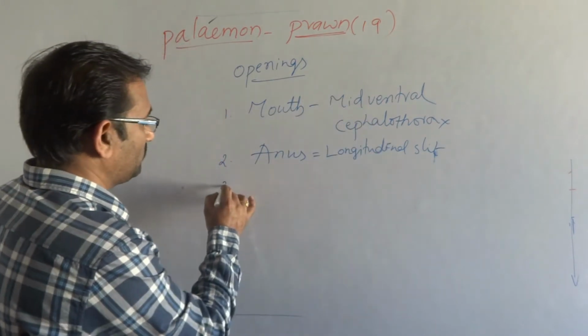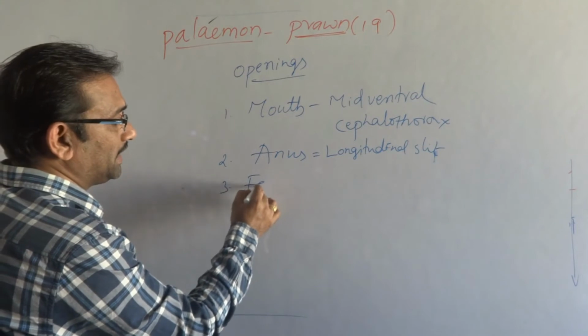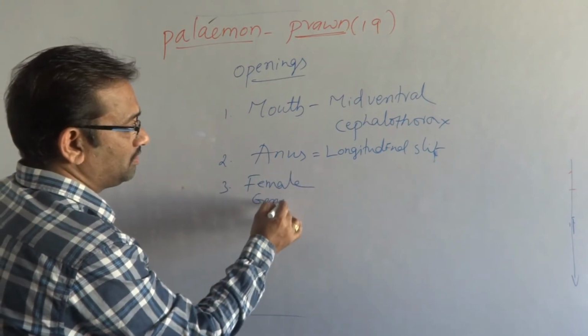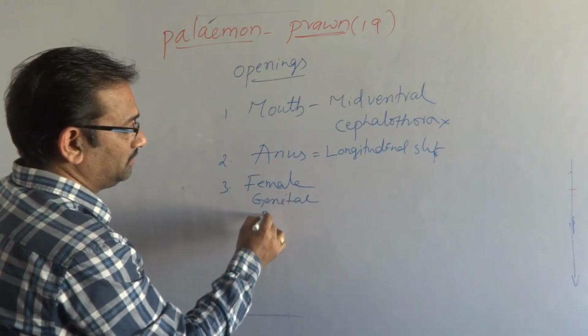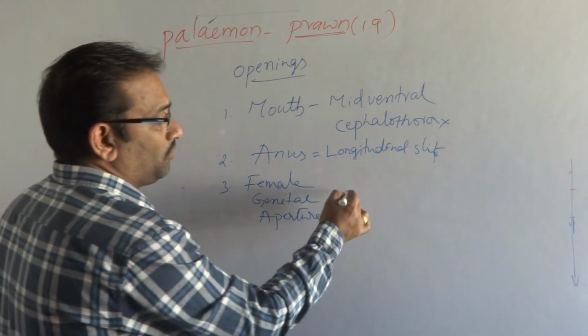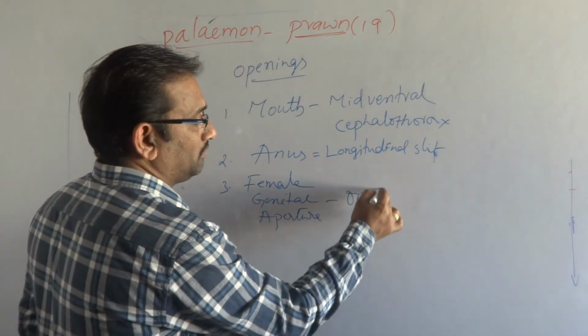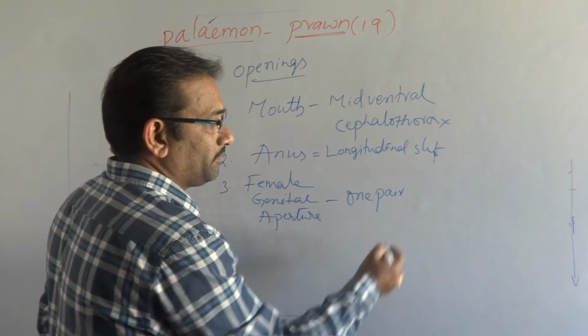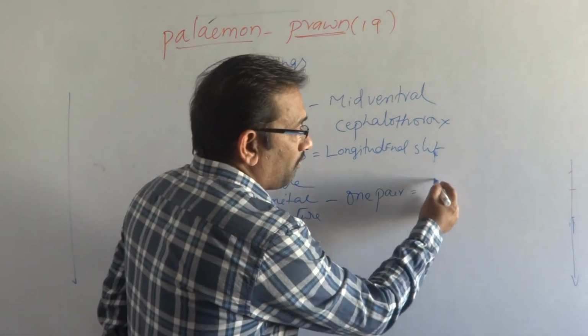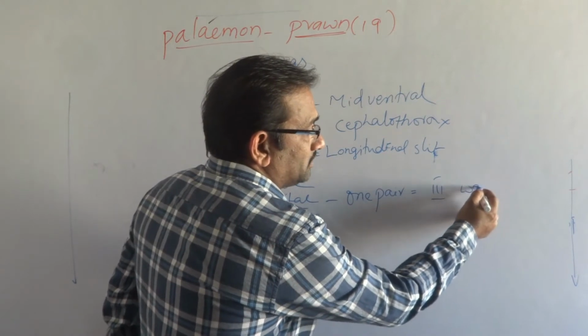Next one, third one, female genital apertures. They are one pair on the third pair of walking legs.